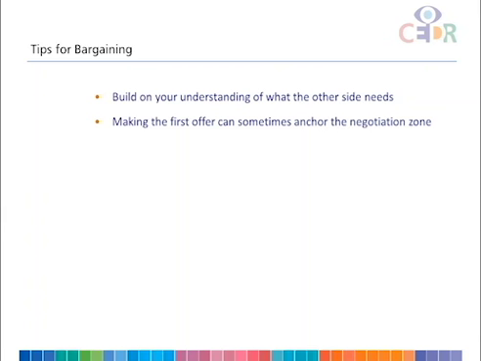A useful thing to know here is that making the first offer can often be a powerful move and something which will anchor the negotiation zone. So, for example, if I want £100,000 and I make a first offer saying that actually I've thought about it and I'll move to 81,000, that can be quite a powerful message to the other side if it's considered to be credible by them, and will allow you to maybe reach that goal or reach close to it.